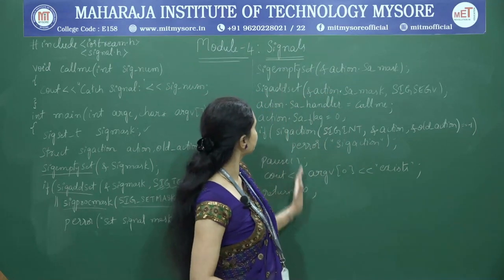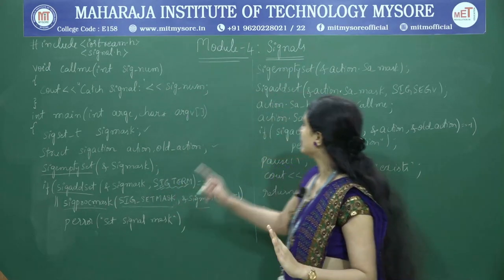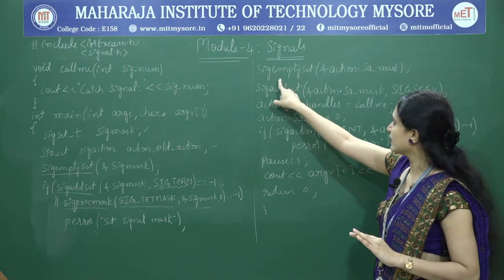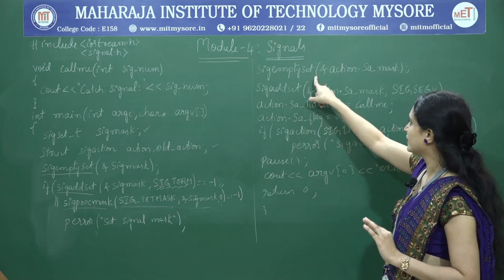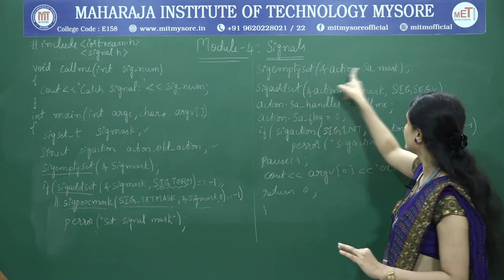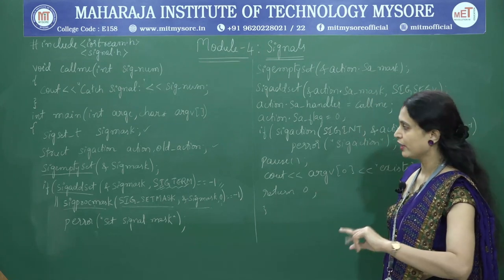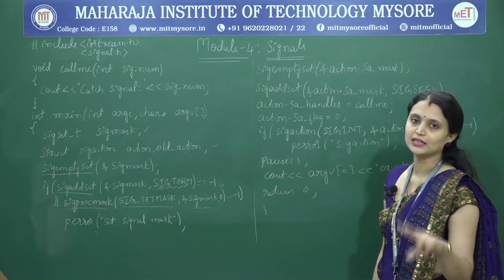Here we have sigemptyset, which clears everything that is present in this sa_mask. Here we are making use of 2 signal masks.